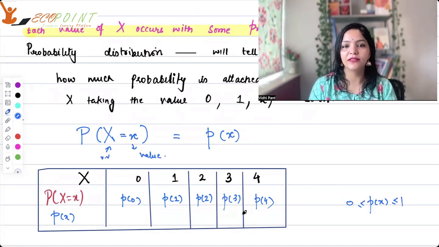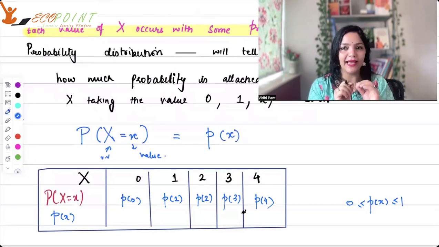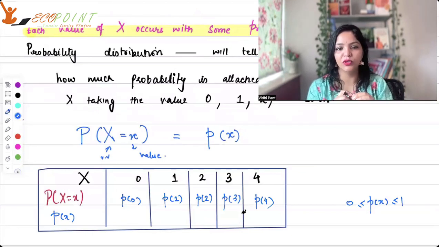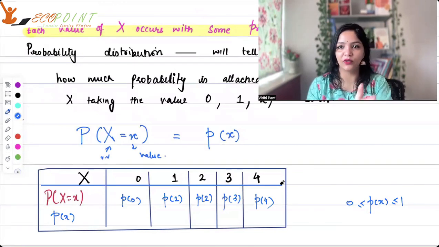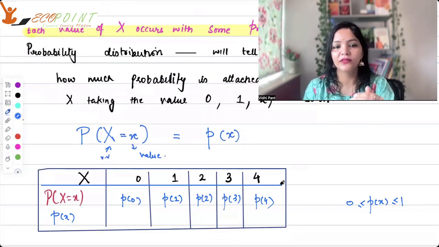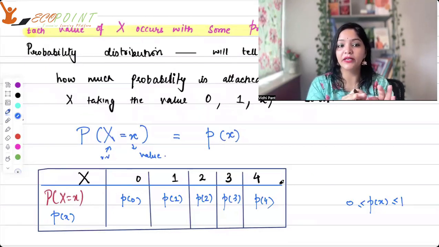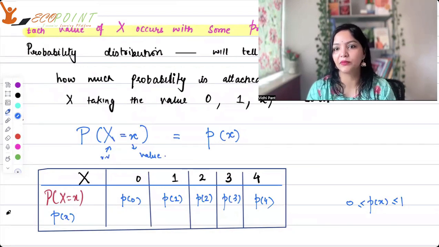Okay, between 0 to 1. So what is happening in a probability distribution? You put up the values that your random variable X is taking and associate each with the probability that it is attached with. Okay, the entire sample space should be distributed in this table. The entire set of outcomes should be a part of this table.